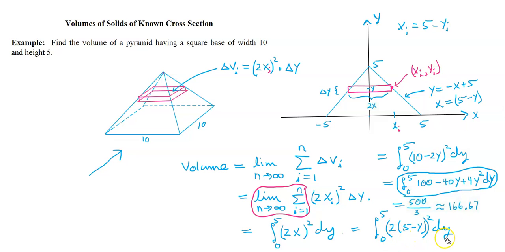And then we got our integral, which we could easily evaluate because it's just an integral involving a polynomial. And there you go. So that's one way that we can evaluate solids of known cross-section. This technique is referred to as known cross-section because this is called a cross-section of our volume, and we could easily calculate what it is based on the geometry of the problem.